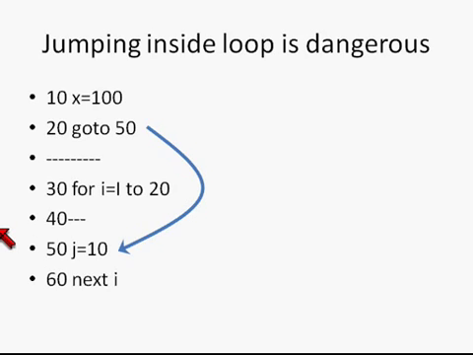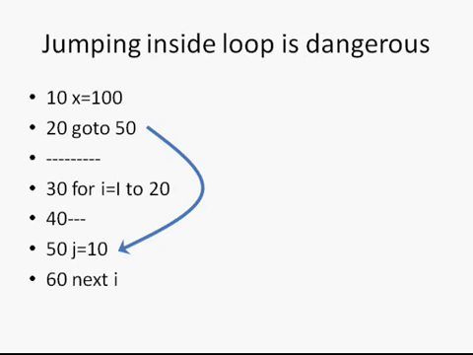So this is a basic program. So computer, this loop is not initialized, so computer does not know what is the initial value of I and what is it required to be incremented. It just won't understand the next I statement. So in fact jumping inside and sometimes outside may be dangerous also.